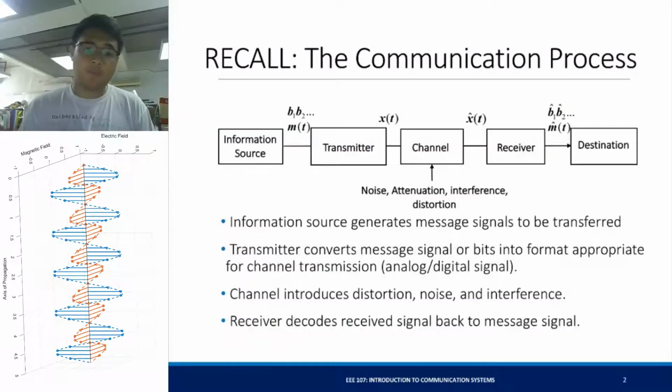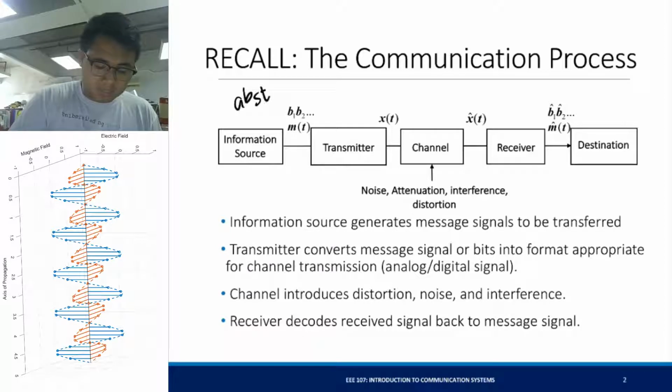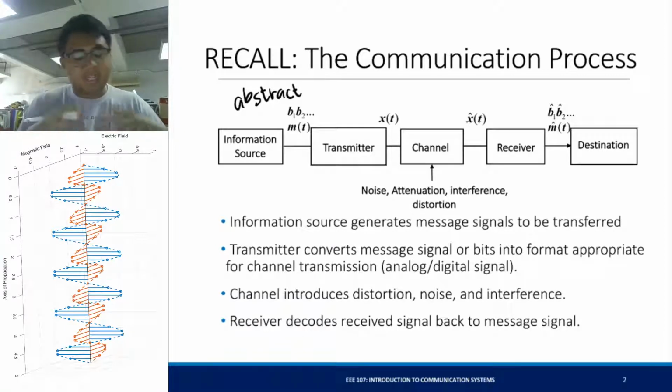So recall the communication process where we start with an information source, where information is really just an abstract concept that cannot be realized or transmitted in the real world.